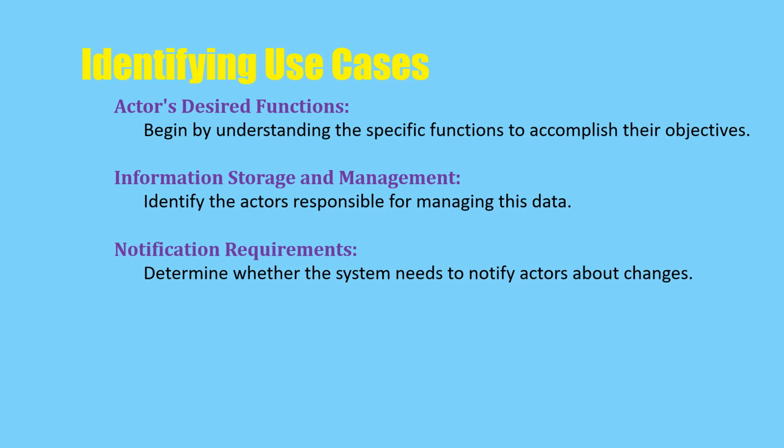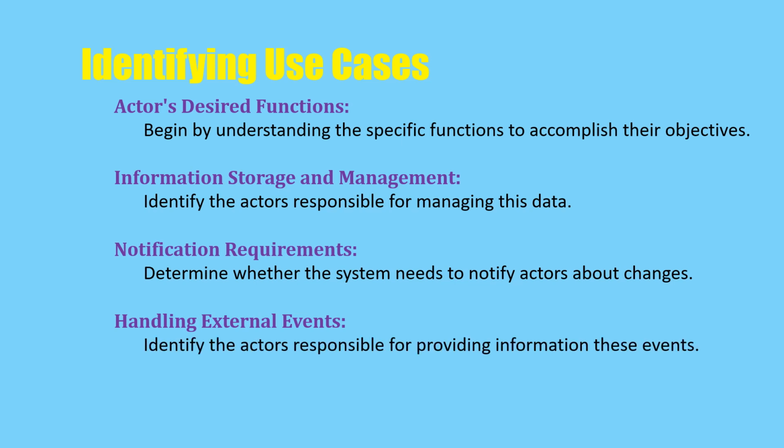Notification requirements: determine whether the system needs to notify actors about changes in its internal state or specific events to keep them informed. For example, a user may receive email notifications for password reset, account activity alerts, or upcoming system maintenance.